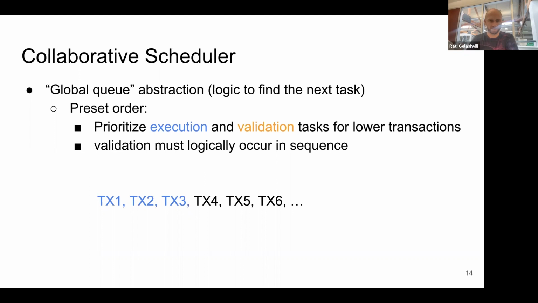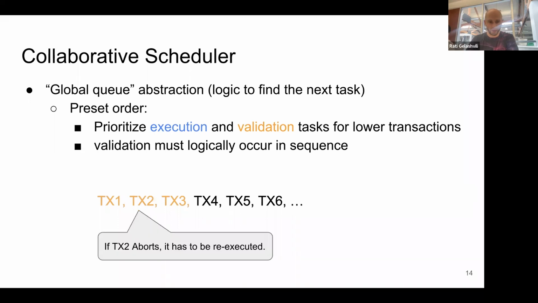So for instance, let's say we execute transactions 1, 2, and 3 in parallel, and then we decide to also validate them. Suppose that transaction 2's validation fails. How can this happen? Because we were executing them in parallel, maybe transaction 2 did not see a write by transaction 1. But now when I validated, I saw that transaction 1 actually wrote to some location that I was reading.